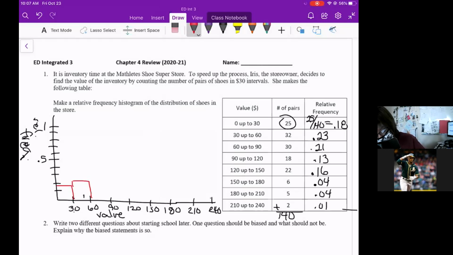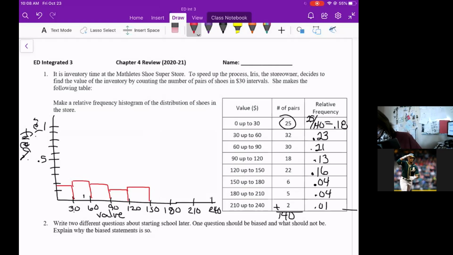The next one is 21, so it's a little bit below that, and over. 0.13 is just above 0.1 and over. 0.16 is just a little bit above that one and over. Now, depending on how you count it here, if you counted it like every 2 is 0.1, it's fine. I'll be checking how your scaling is.